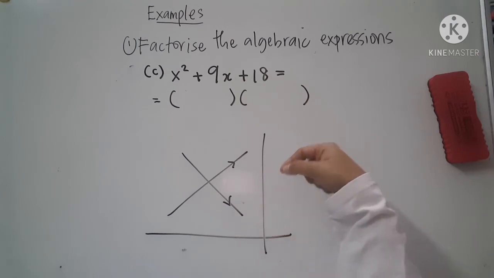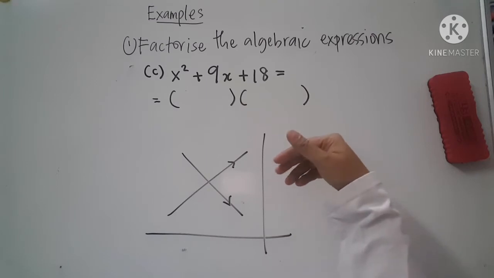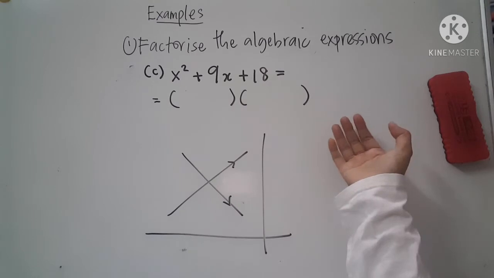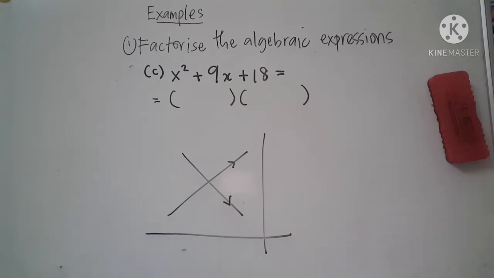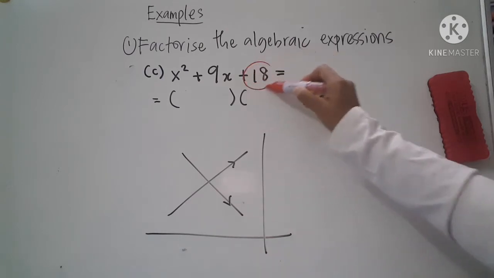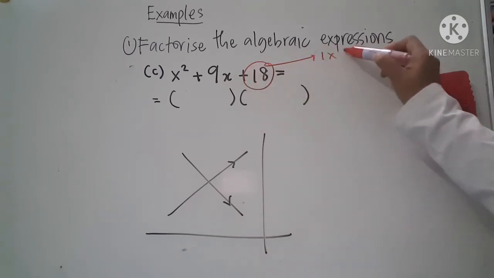But since this method is being discussed in the textbook, I have to explain to you. So can you try to solve this question, and then I will show you. Let's just have a try. You try in order to know whether you can do it or not.